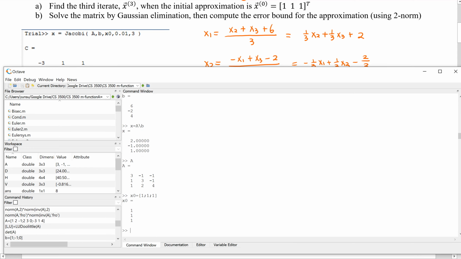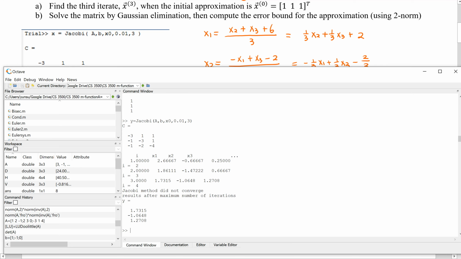Then let y be the Jacobi method with A, B, x0, and let's use a tolerance of 0.1 and 3 iterations.